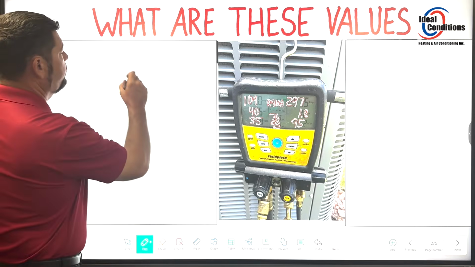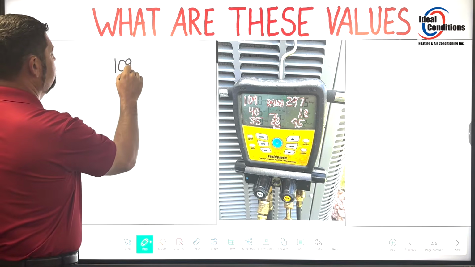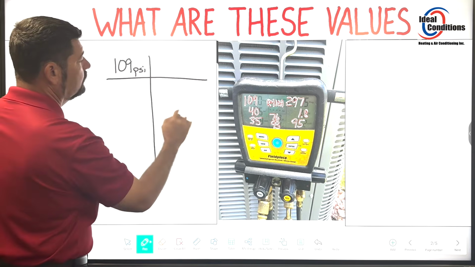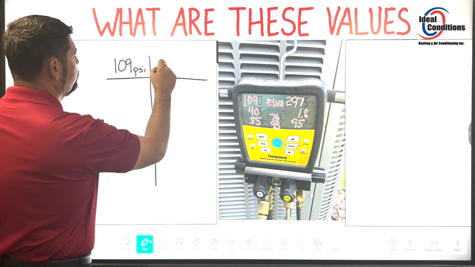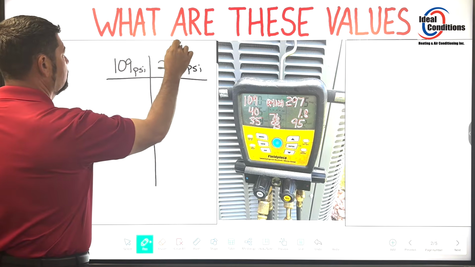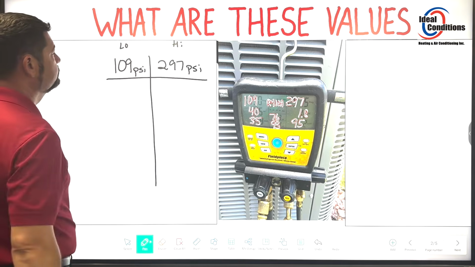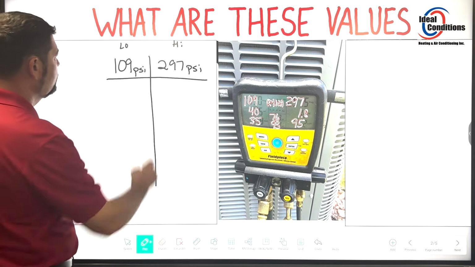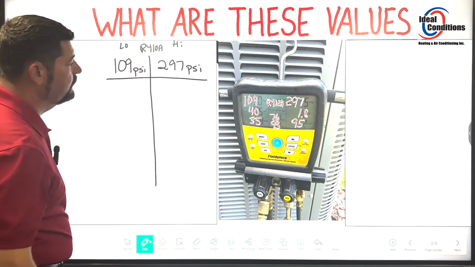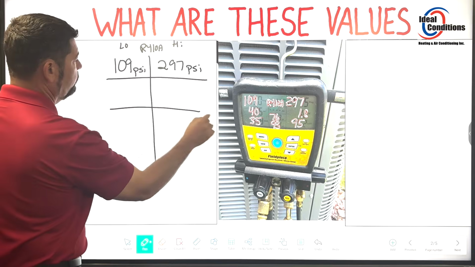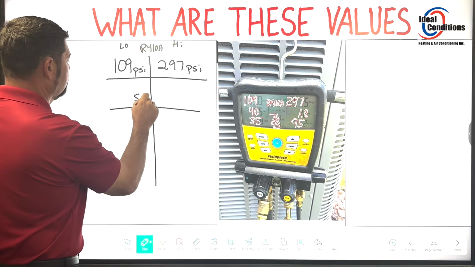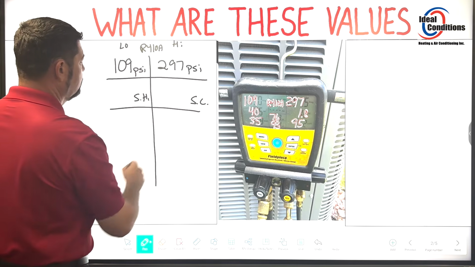All right, so we have 109 psi. We have 297 psi. So there's our high side. This is our low side, right? We're dealing with R410A. Okay. Our next values are superheat and subcool.